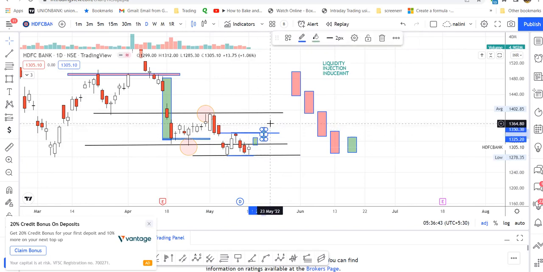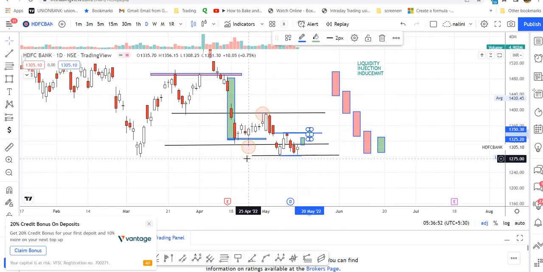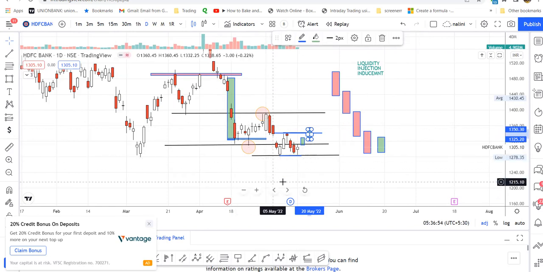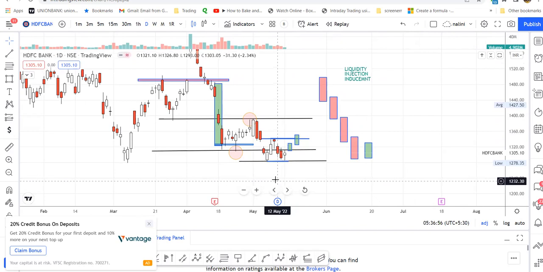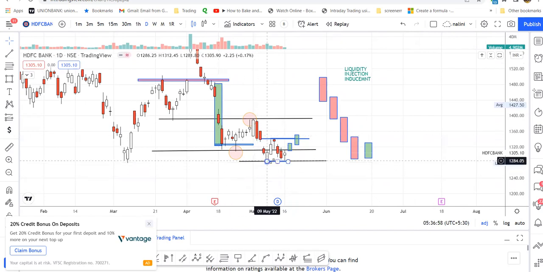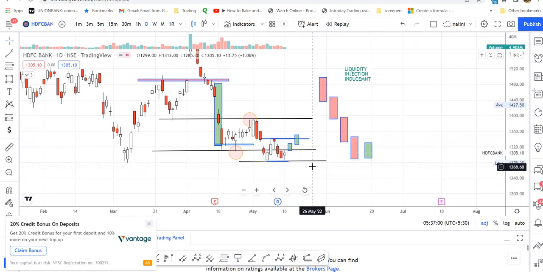If it goes to that level, then a sell-off can come in this range. So like this, liquidity injection and inducement take place in the market when there is sideways movement. That is engaging buyers and sellers in the market.